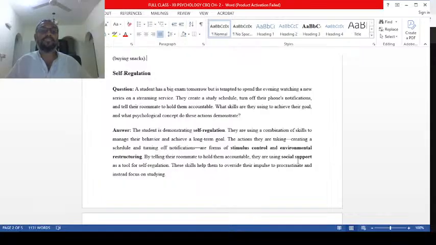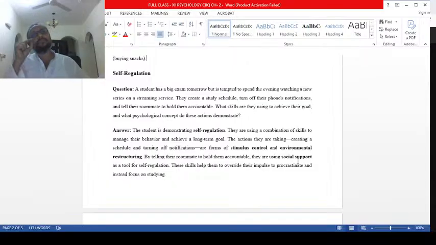Yes, truly it is self-regulation. They are using a combination of skills to achieve a long-term goal. Creating a schedule and turning off notifications are forms of stimulus control and environmental restructuring. So self-regulation is a very important area for us.